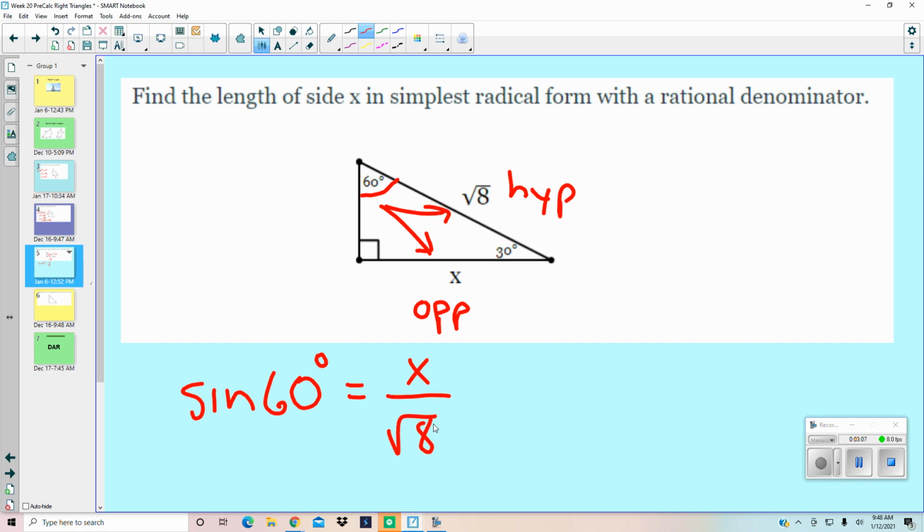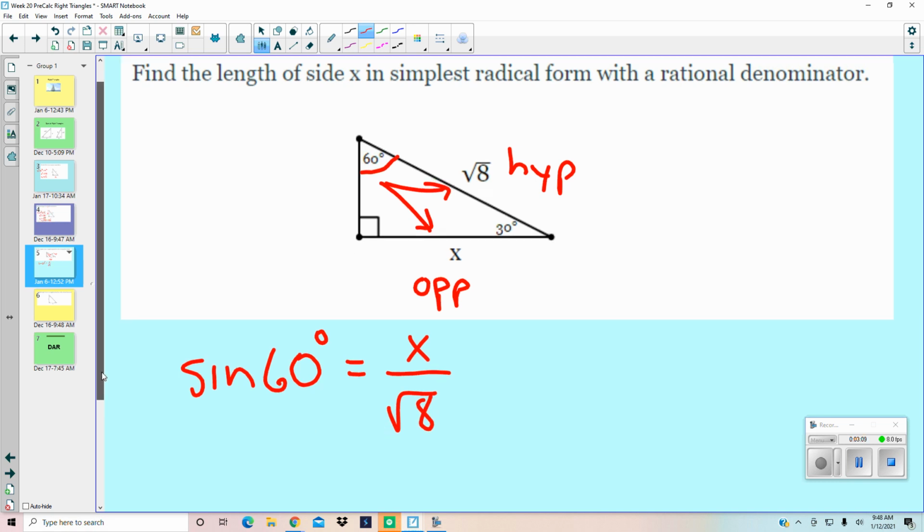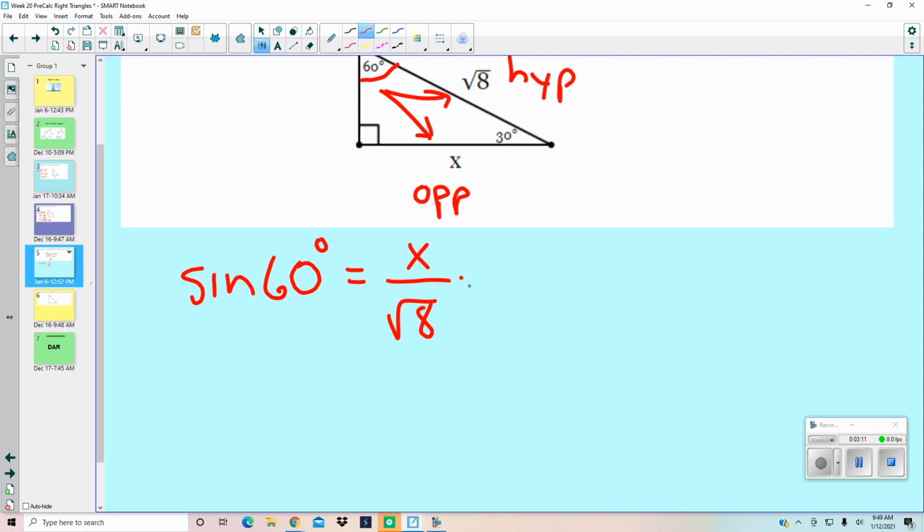So if I'm solving for x here, it means that I'm taking both sides times √8. And then the thing is, if you put your calculator in degree mode, you could just enter √8 times sine of 60.